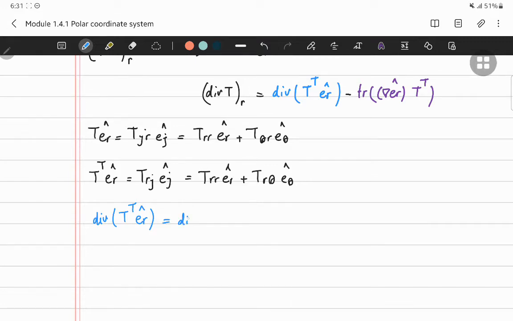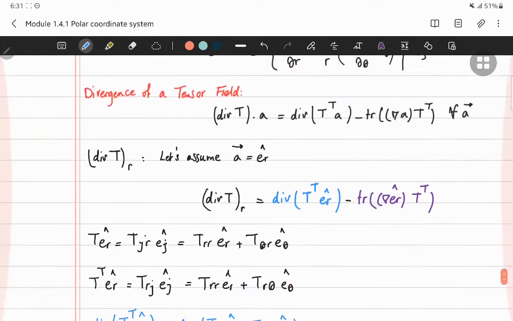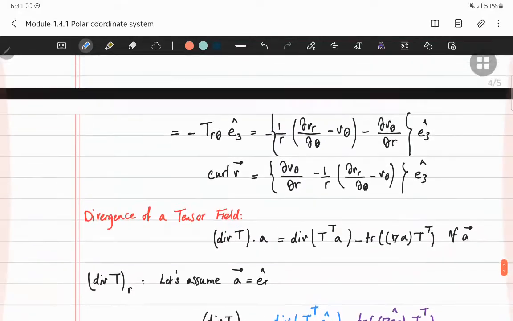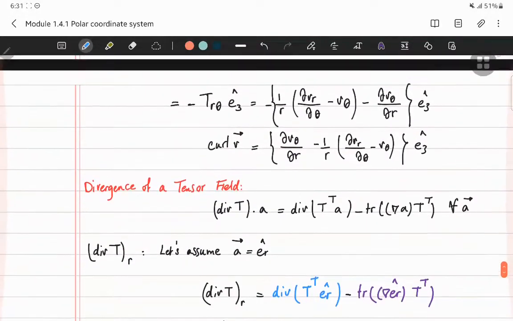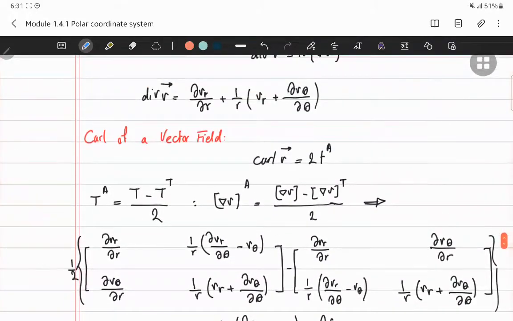It is basically the divergence of T_rr, this expression here, plus T_rθ e_θ. And if you remember, this is a vector. We already mentioned that the divergence of a vector is nothing but, if I can just bring it here.